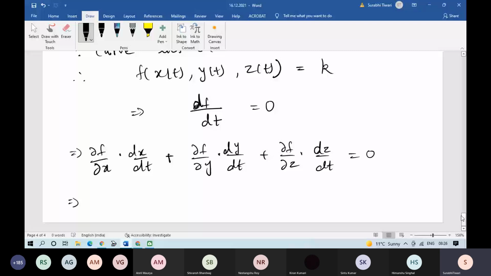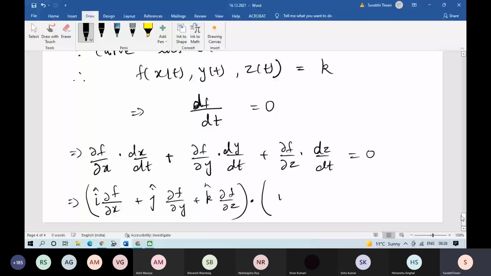We can write it in the form: i del f by del x plus j del f by del y plus k del f by del z, dot product with i dx by dt plus j dy by dt plus k dz by dt. This is equal to 0.